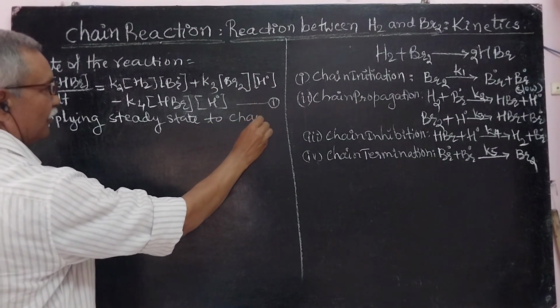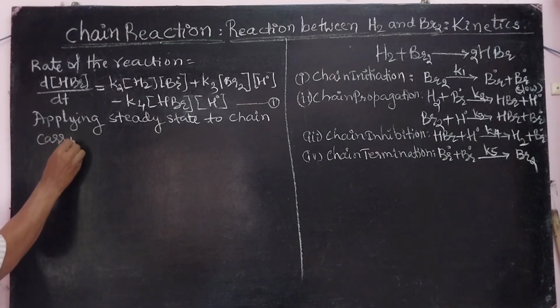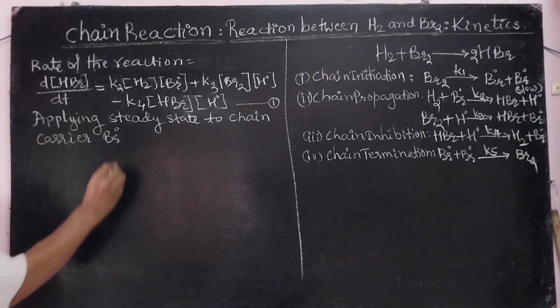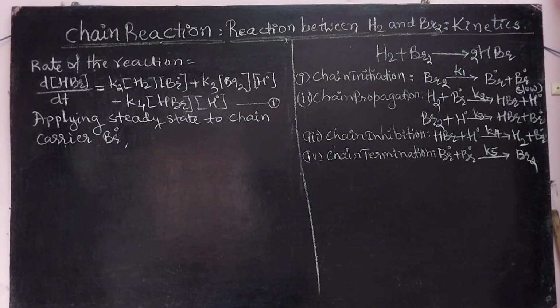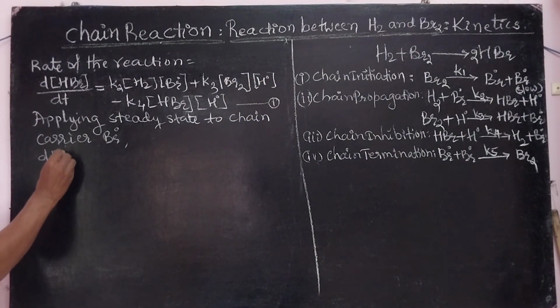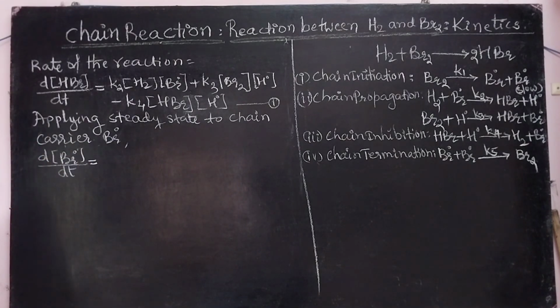to the chain carrier Br dot. It may be represented as d Br dot divided by dt is equal to the rate of change of concentration of Br dot with respect to time.